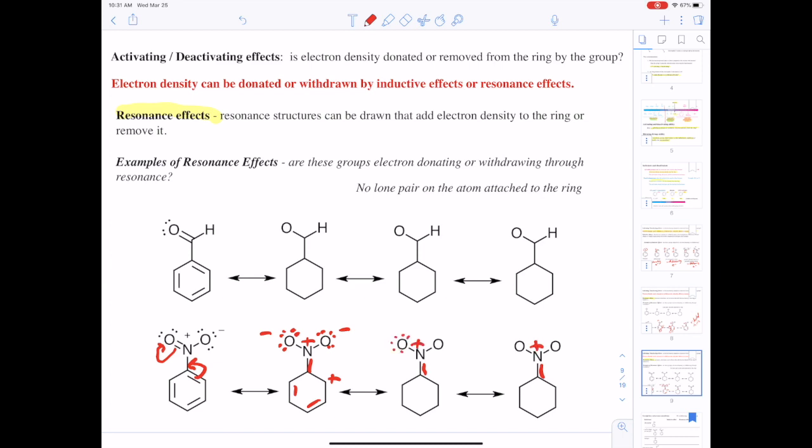These will remain unchanged now. So we can move a pi bond there. We can move the pi bond here. And the net effect is that we've removed electron density from the ring.